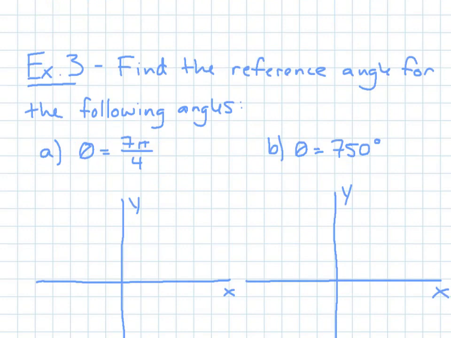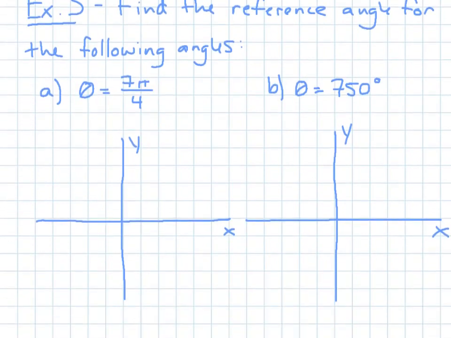Okay, example 3, we want to be able to find reference angles given a particular angle. If I'm given 7 pi over 4, that is in the third quadrant because it's greater than pi, which is 4 pi over 4, and 3 pi over 2 is still smaller than 7 pi over 4 because it would be 6 pi over 4.